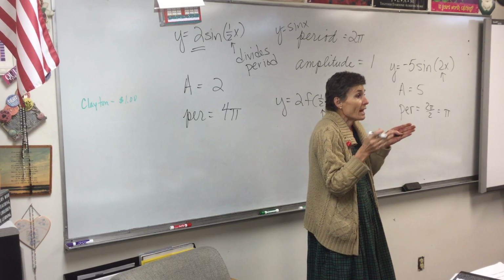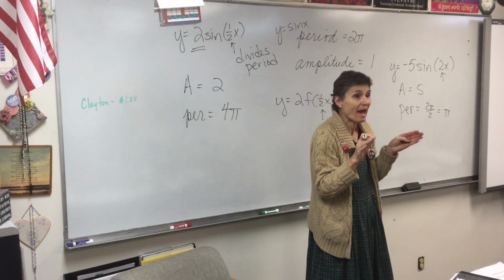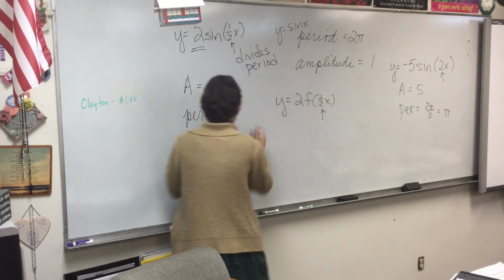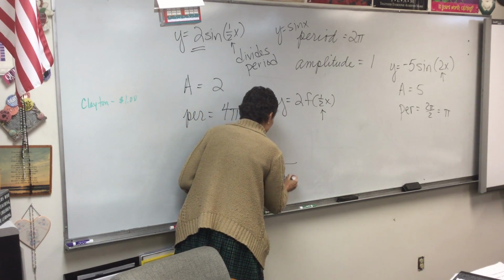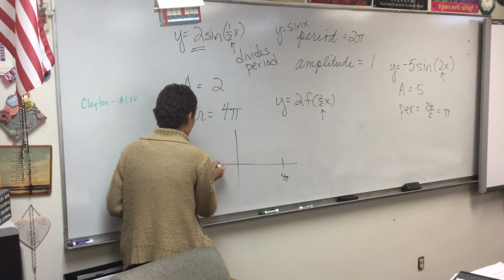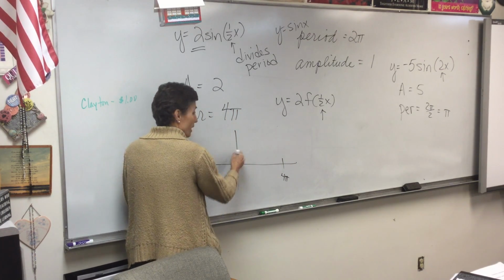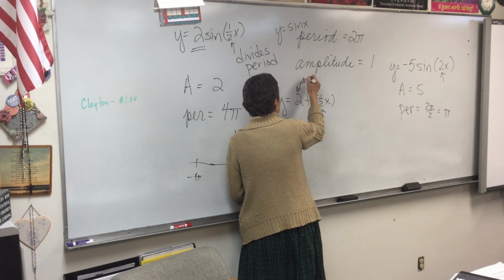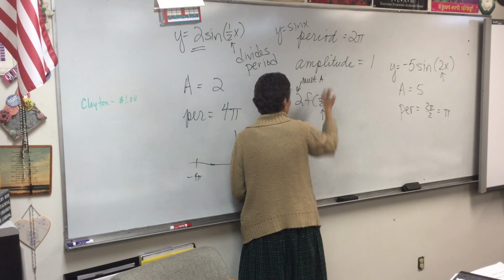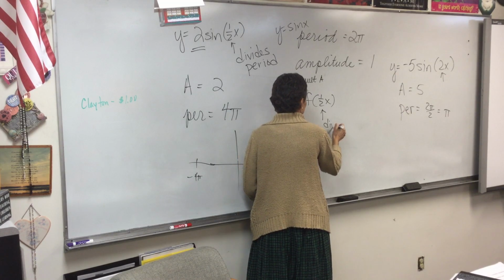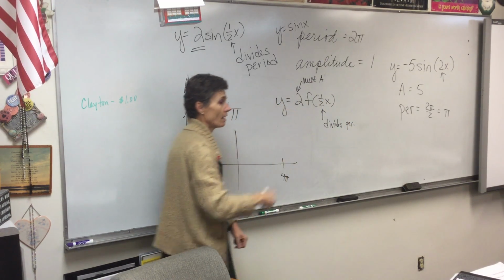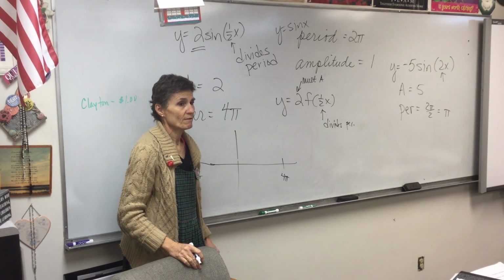Which means you get a whole hill and valley in every pi. So you're getting 4 hills and valleys on this side and 4 hills and valleys on this side. Remember, this number multiplies amplitude, this number divides period every time, no matter what the function.